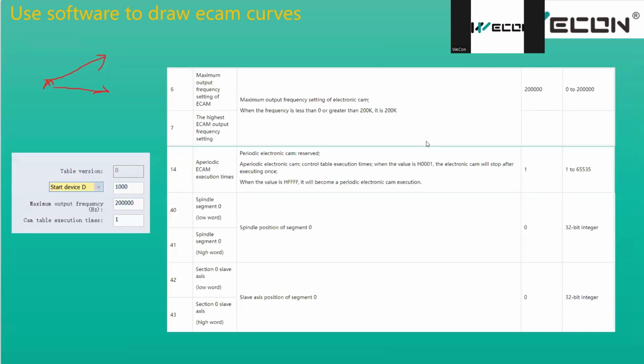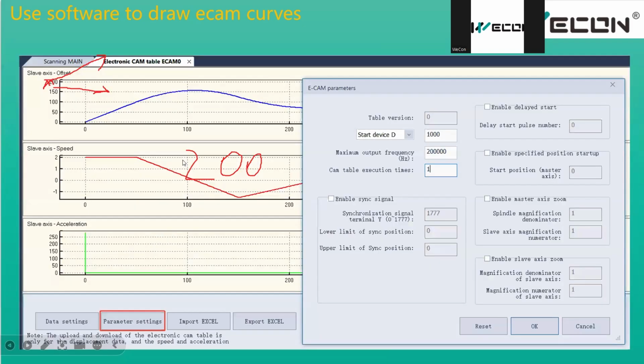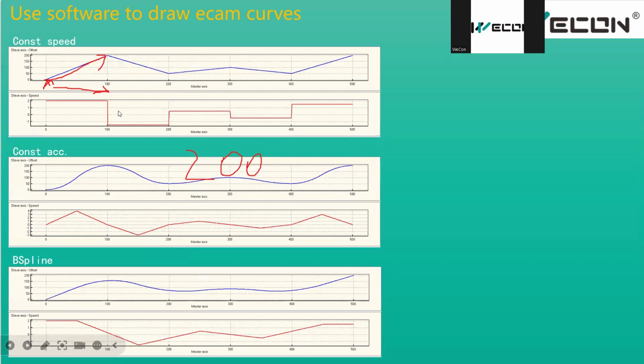And if you enable this delayed start enable flag and set the delayed pulses in these two parameters, index 15 and index 16, for example we set the delayed pulses as 200, what will happen?